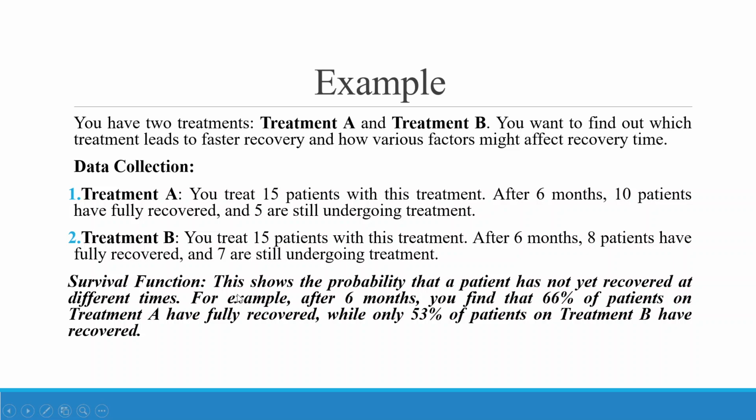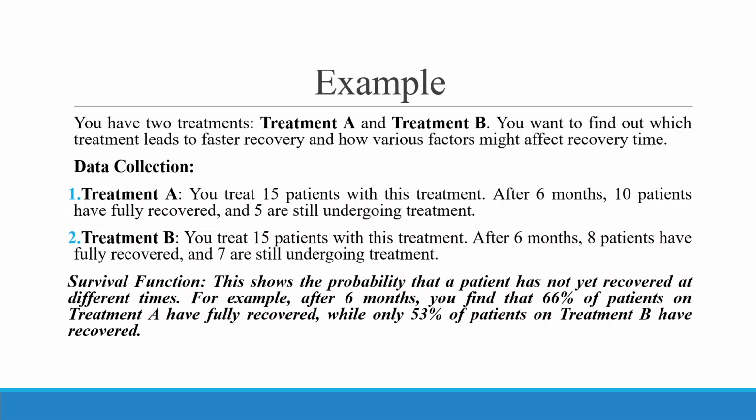Survival function. This shows the probability that the patient has not yet recovered at different times. So let's understand this: 10 divided by 15 are the patients who have recovered, and 5 divided by 15 have not recovered. For example, after 6 months, you find that 66% of patients on treatment A have fully recovered.